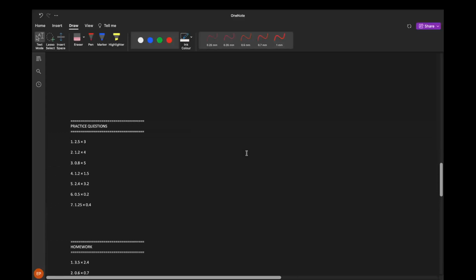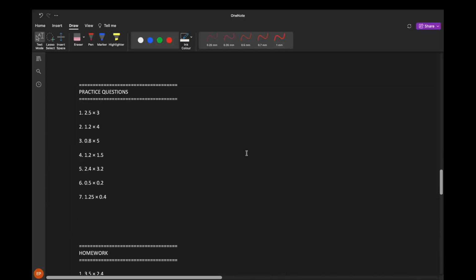Here are some practice questions. We will solve. 2.5 into 3, normal multiplication. 25 into 3. How much? 3 5s are 15. 3 2s are 6, 7. 75. Now count digits, only one, right? From the right side, put the decimal after one digit. Answer will be 7.5. 12 4s are how much? 48. How many digits are there after the decimal? 1. So put here. 8 5s are 40, right?